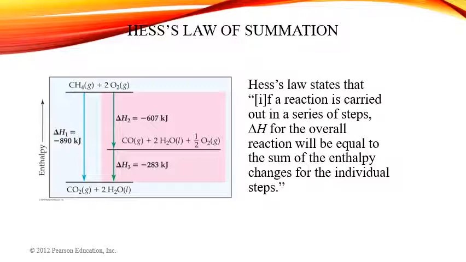But we can have some intermediate steps taking place within the process, CO plus 2H2O plus 1/2 O2 to get us to our final answer. The sum of these steps, the -607 and the -283, would be equal to the overall change, represented by the delta H of 890 kilojoules.